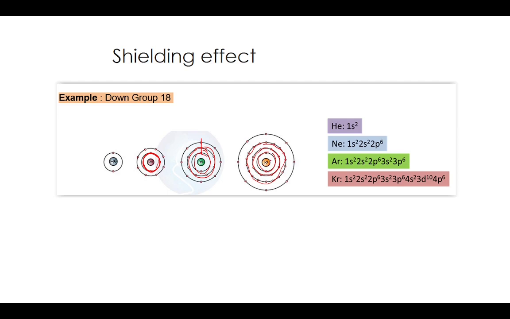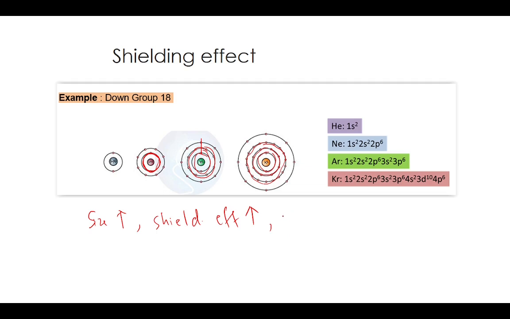So we expect the size of this atom to become larger due to shielding effect. In short form, size will increase when shielding effect increases. How do we know shielding effect increases?